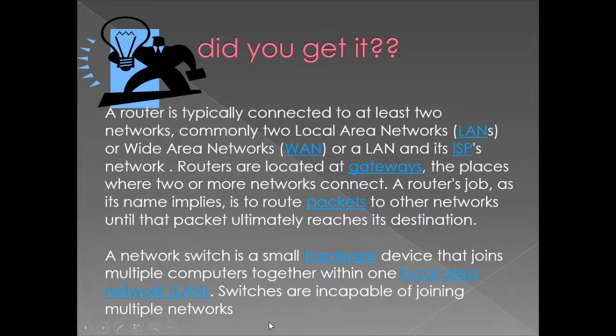2 or more networks means, for example, one network is here in the library. Many computers are connected. Another network is there in the computer lab. See, many computers are connected. Now, if you want to join this library's network to the computer lab's network, then you need a router. And that is what is happening here.